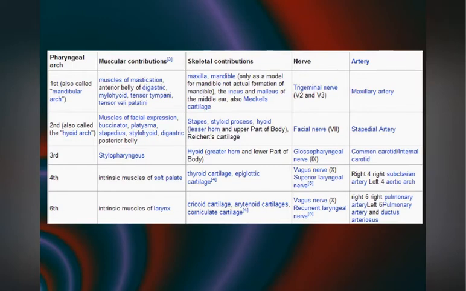Also, it's important to note that in higher vertebrates, we call them pharyngeal instead of branchial arches. In lower vertebrates, we call them branchial arches.